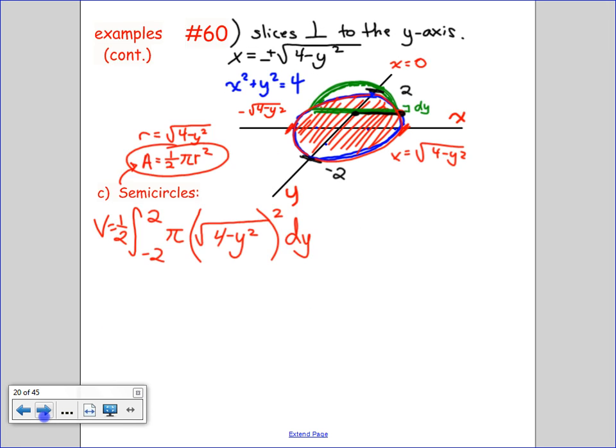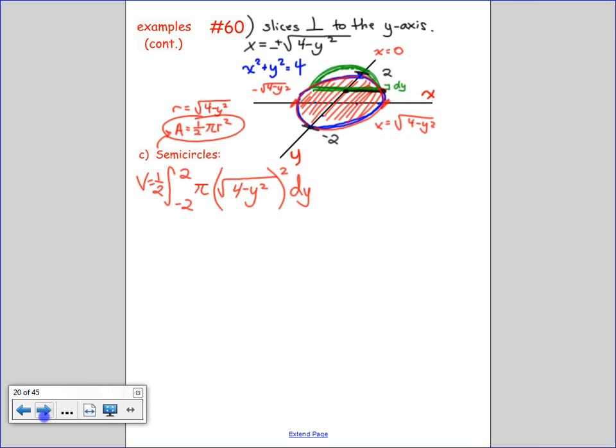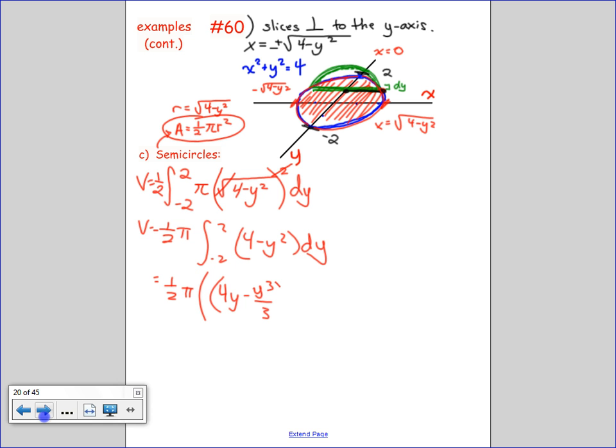How'd you guys integrate, just to make sure that we could do it? Easy, right? And then pull out the pi, and then I have 4 minus y squared, power rule. I know, I told you to do it, so now I feel bad not doing it. So then I end up with 4y minus y cubed over 3 from negative 2 to 2.